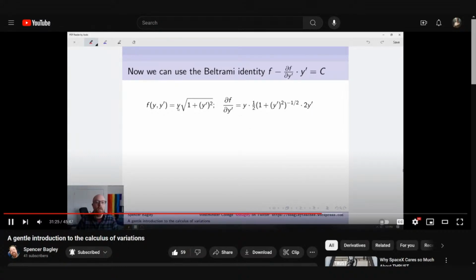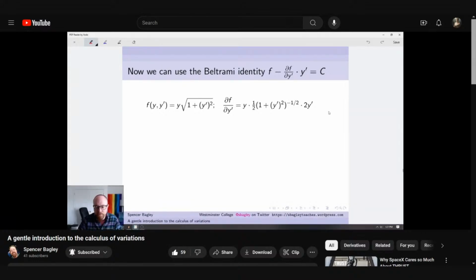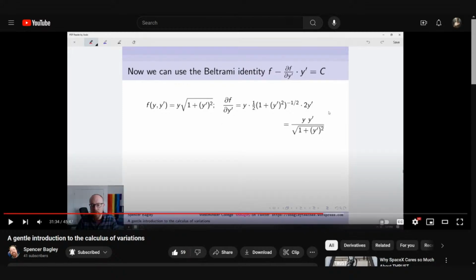Y prime, considered as a different symbol than y, is what we're taking the derivative with respect to. Do a little algebra, clean that up. Looks like so: y prime over the square root of 1 plus y prime squared. The 2 and 1/2 cancel out.